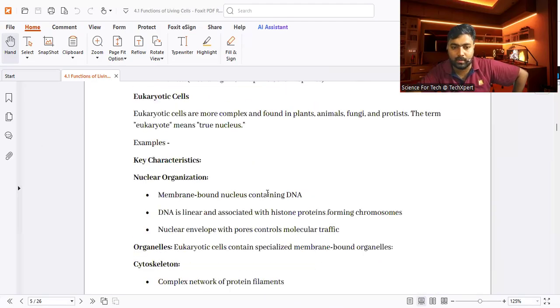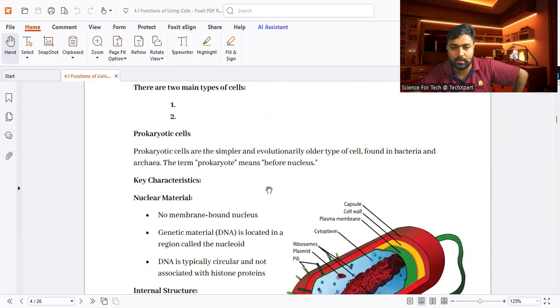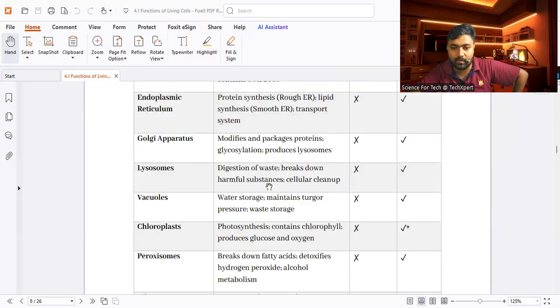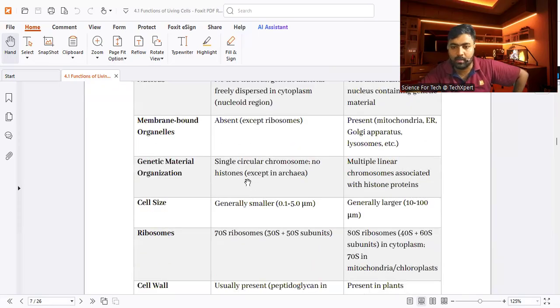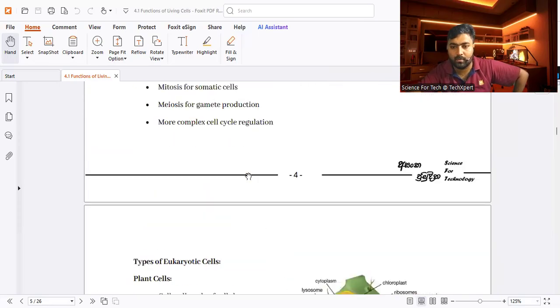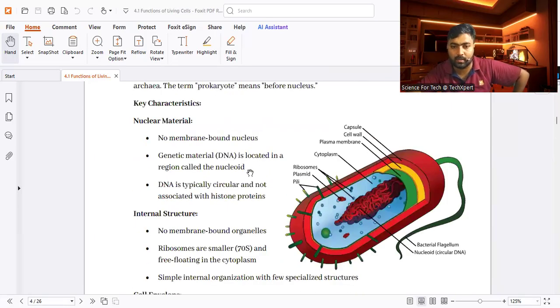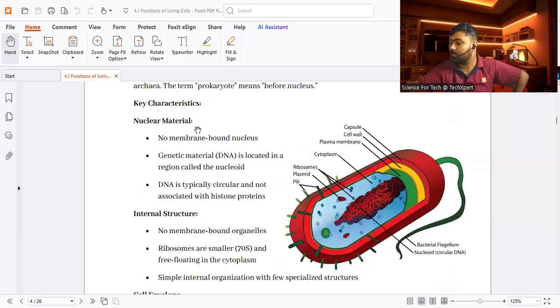Here we have some detailed content, but I summarized all the things into a single table, which will be very convenient for you to study and remember the content. Okay, then let's see some main characteristics.